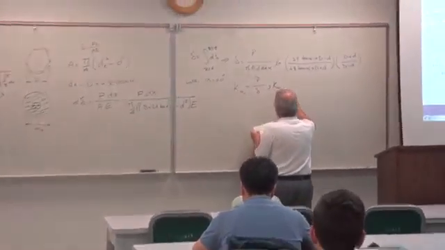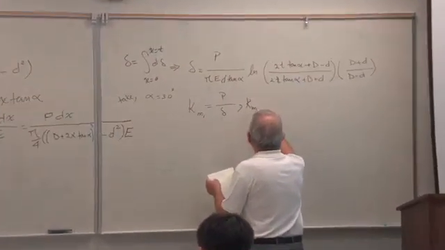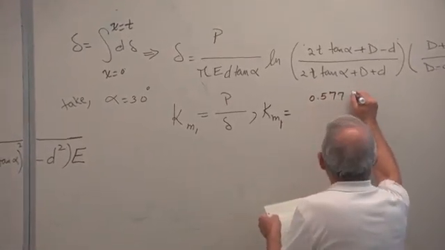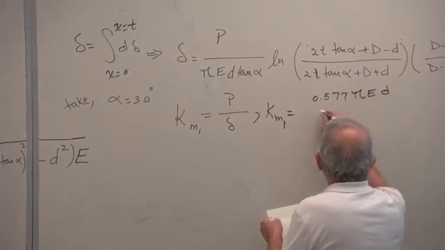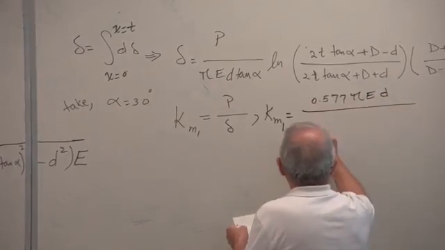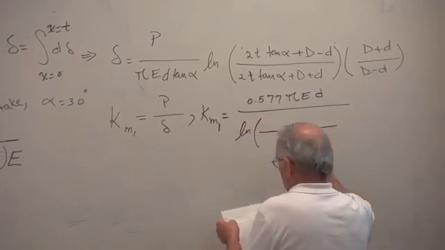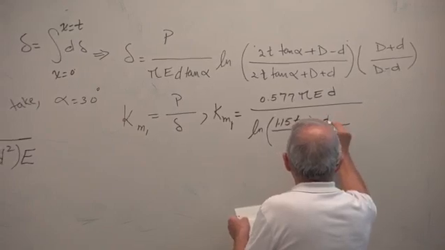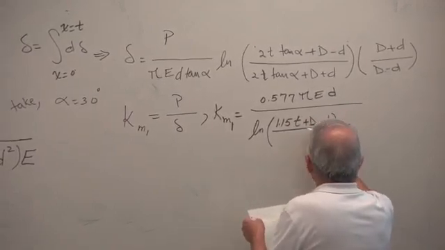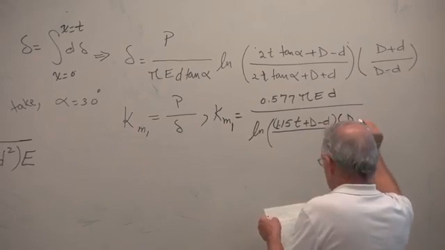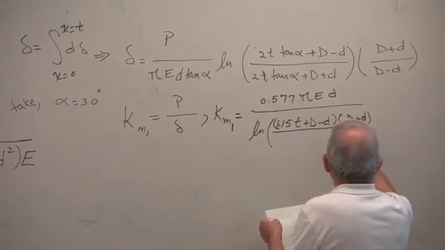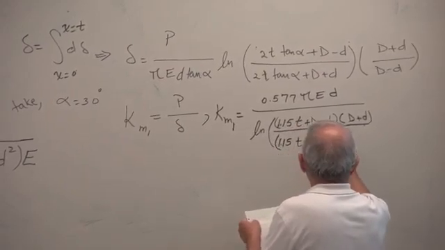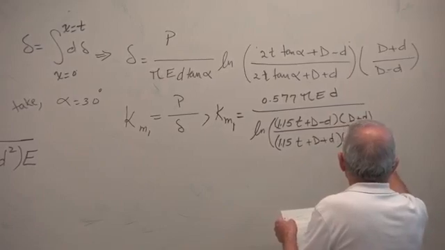So Km1 equals 0.577 pi E d divided by log of (1.15 T plus D minus d) times (D plus d), divided by (1.15 T plus D) times (D minus d).